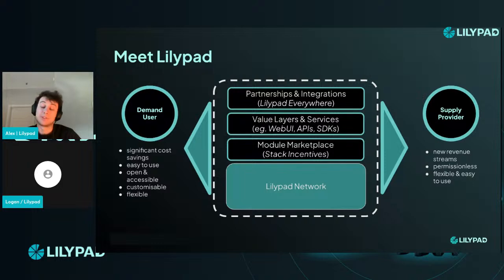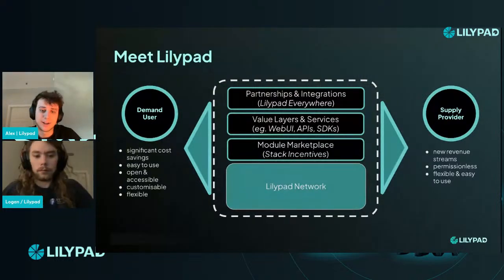We provide an open network of GPUs available to run the code, and then we focus on the value layers, providing a world-class developer experience. We've got a really easy-to-use CLI. We're working on an API for people to just send POST requests to the Lilypad network. We also have smart contracts that developers can use to execute AI inference and other types of programs on the network. In the long run, we will have a full SDK.